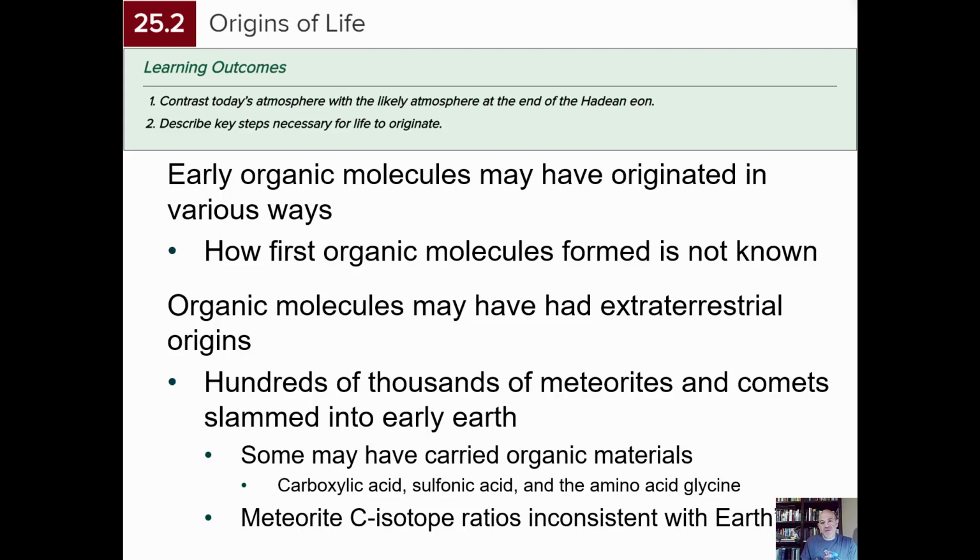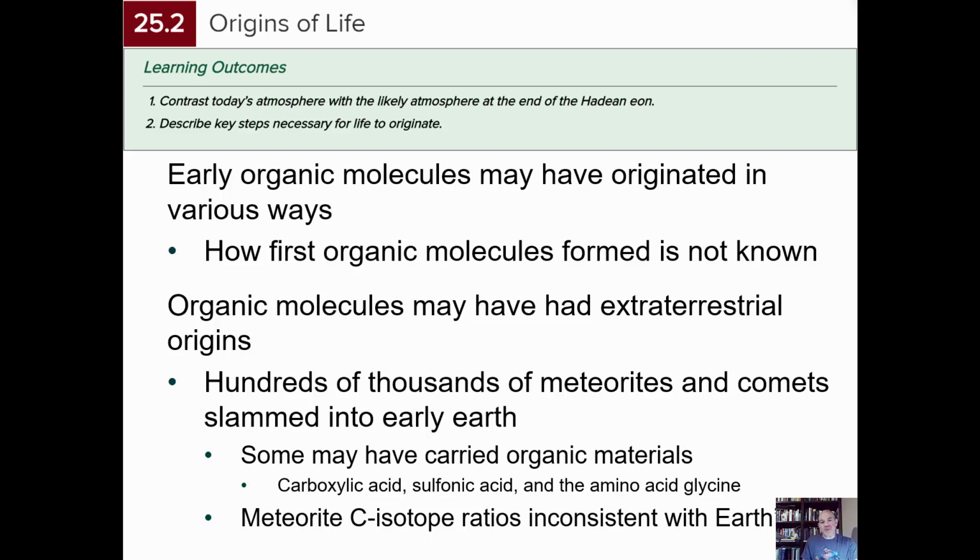So first of all, where did the early basis of life, the organic molecules, first come from? That origin is not fully known, but there are some evidences that suggest that the origin could have been both extraterrestrial, from outside of the Earth, through meteorites coming down on Earth, and terrestrial, through formation here on Earth.